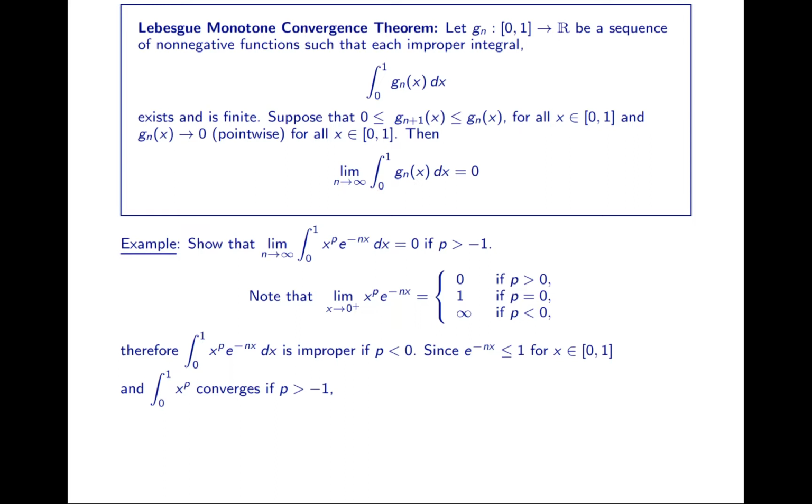And if x is between 0 and 1, e to the x is greater than 1. 1 over e to the x is less than 1. And if I raise that to the nth power, I still get something less than or equal to 1. Of course, equal to 1 if x is 0. Now, I also know that the integral from 0 to 1 of x to the p converges if p is greater than negative 1.